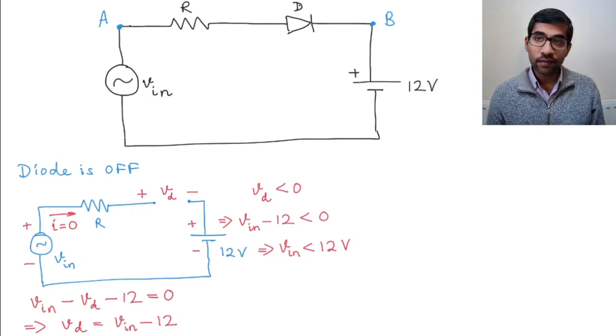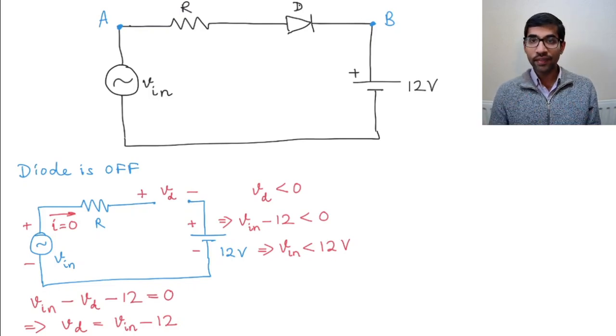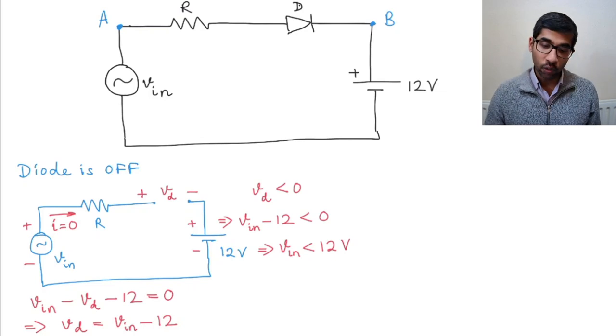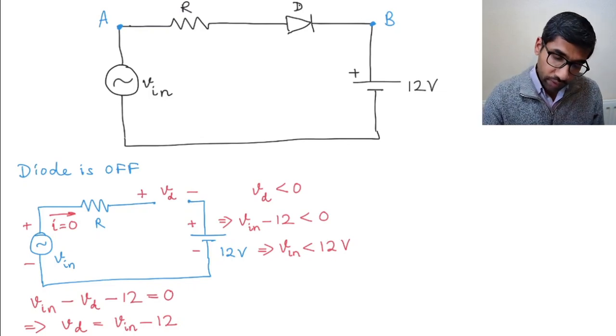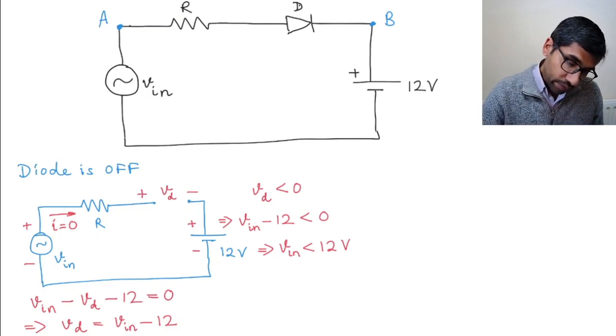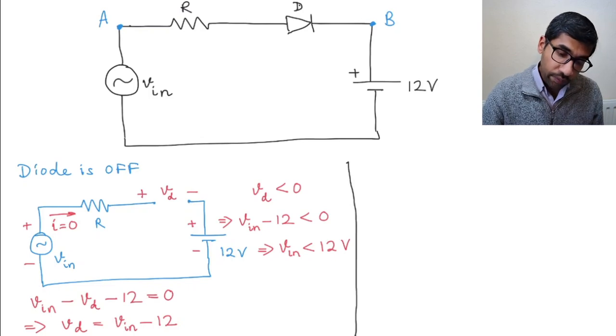Okay, so let's do a similar step for when the diode is on. And let me just draw a line here so that we can separate out the problem, and let's try to draw the circuit again for the case when the diode is on.